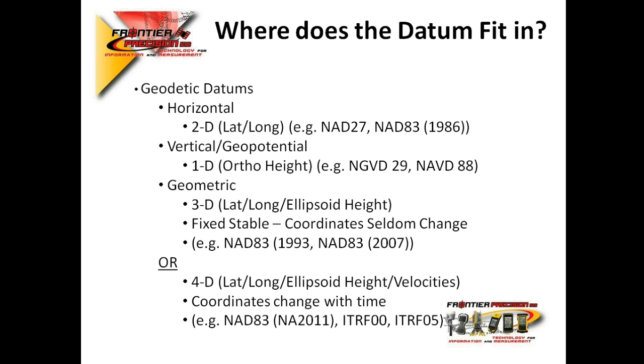So by adding ellipsoid height or adding velocity to the datum, because we've gotten so accurate and pinpoint with a lot of our reference stations that NGS has noticed some movement and things like that, we've added other things within the datum to make it more precise, and that it becomes something that we need to take into account when using our GNSS equipment.